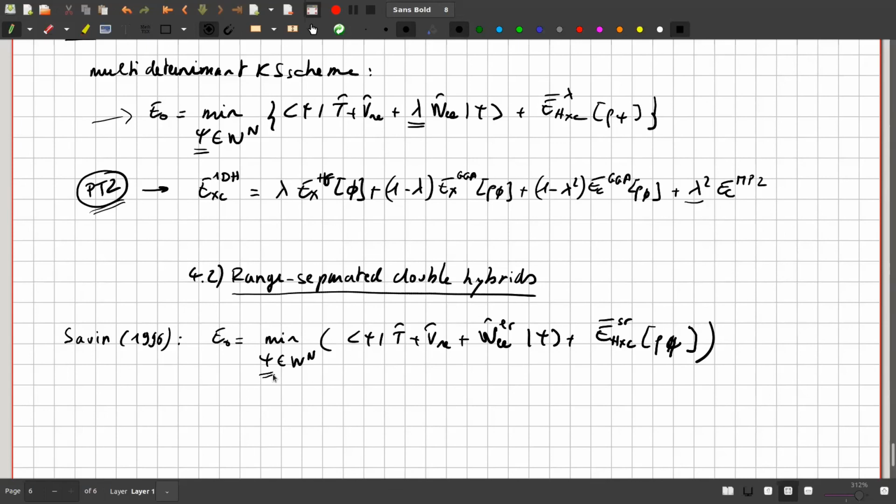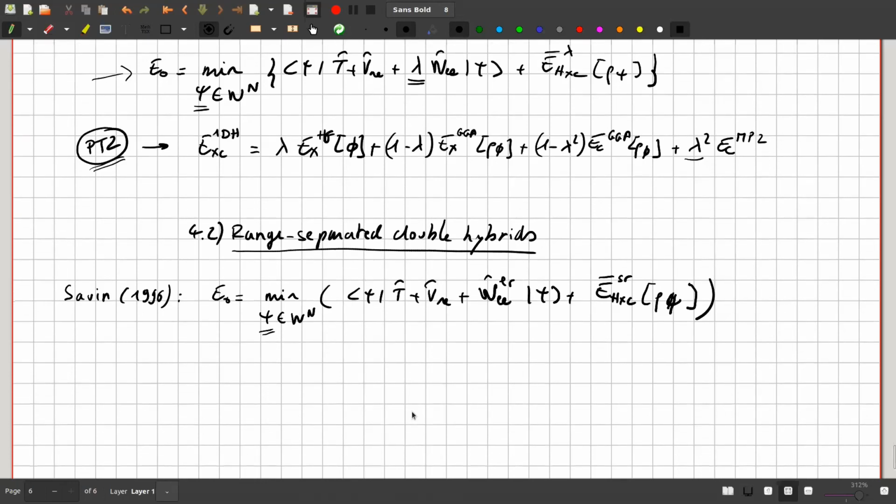But in order to have some sort of double hybrids, what you can do is again develop a second order perturbation theory starting from this exact expression, and it was done with Angyan, Gerber, Savin, and myself in 2005, and we obtain a sort of double hybrid approximation, but with range separation.